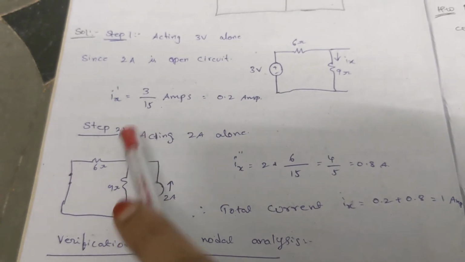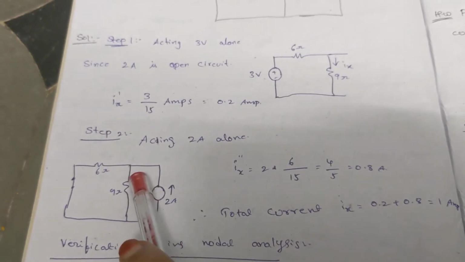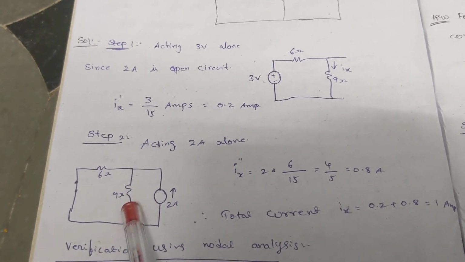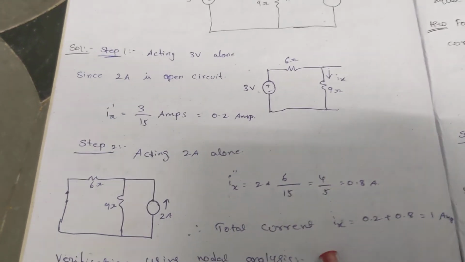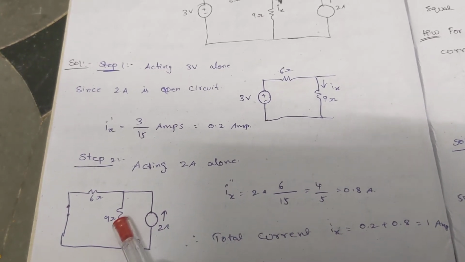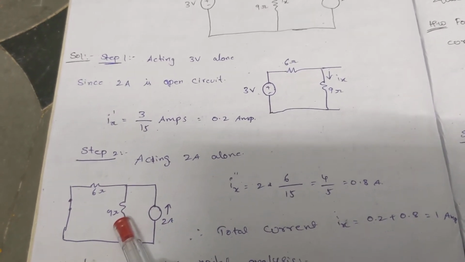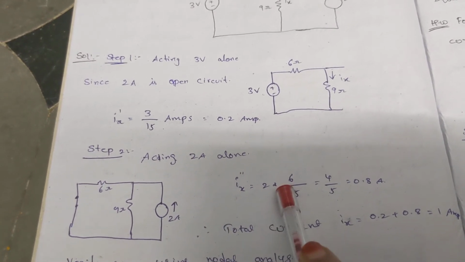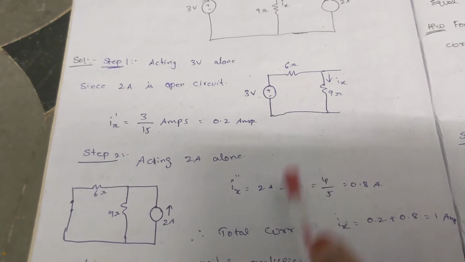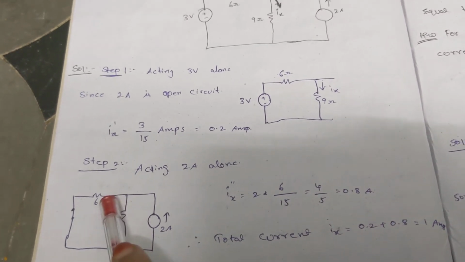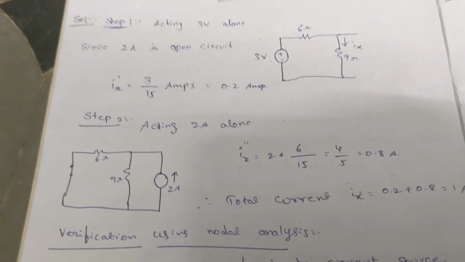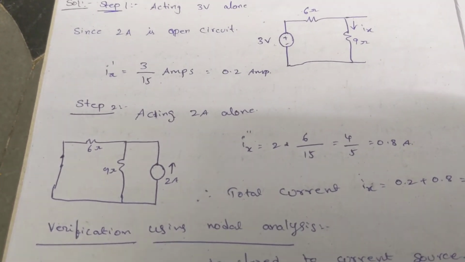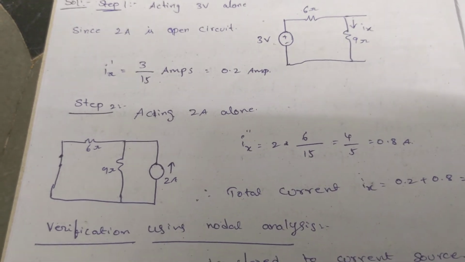Once it reaches this node, it has two paths, the 6 ohm resistive path as well as the 9 ohm resistive path. So by applying the current division principle, to find the current flowing through the 9 ohm resistor, it is the total current multiplied by the opposite resistance divided by the total resistance. Whatever current flows in a parallel connection depends upon the opposite resistance.